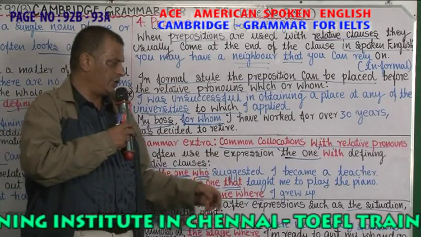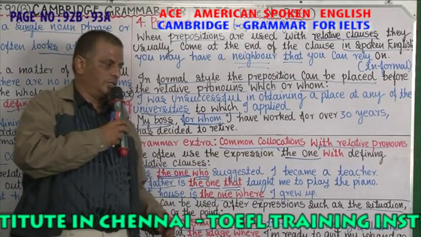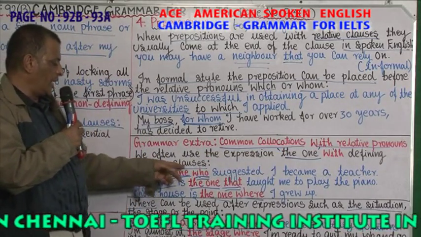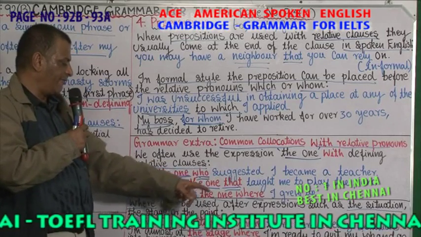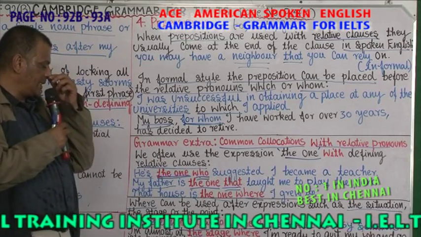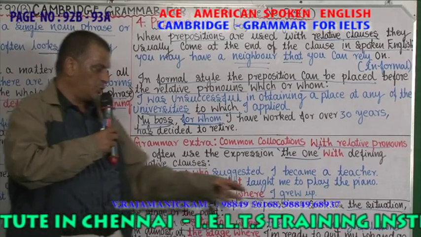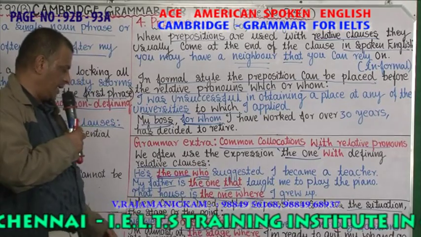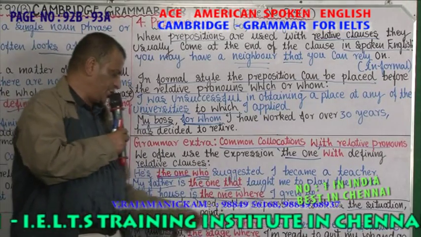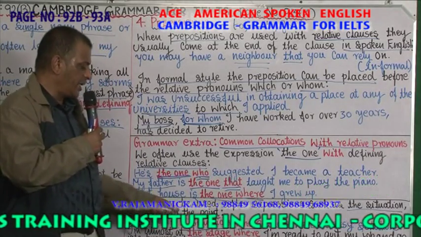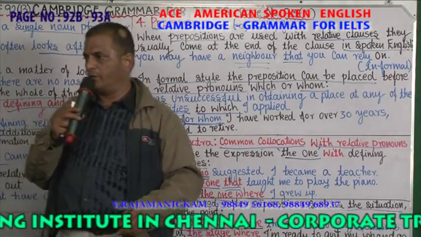Then certain collocations like "the one" are used: the one who. So before who, that and where, you are using "the one" as a collocation. Then "where" is used after the phrases the situation, the stage, and the point. Hope you are able to get it.